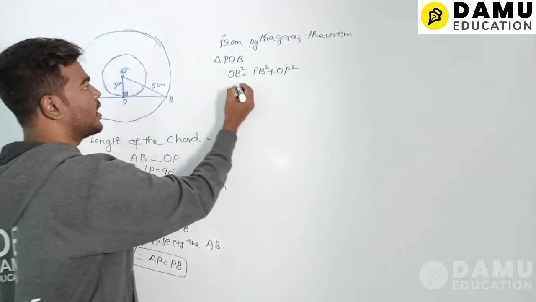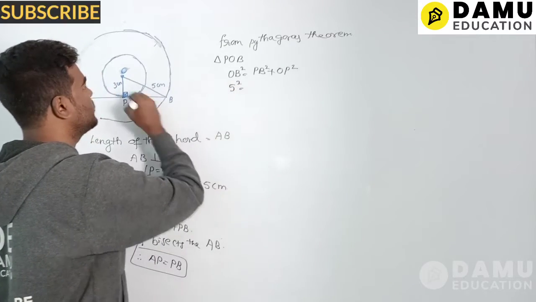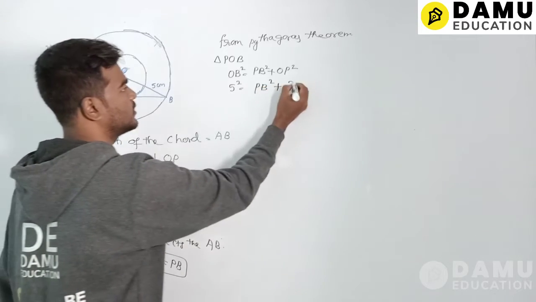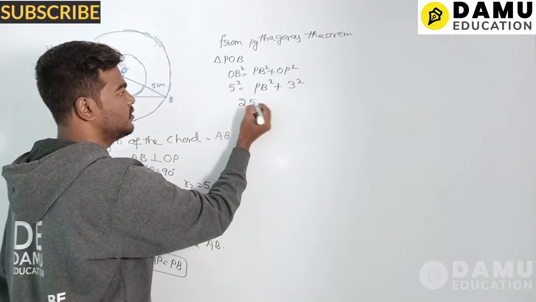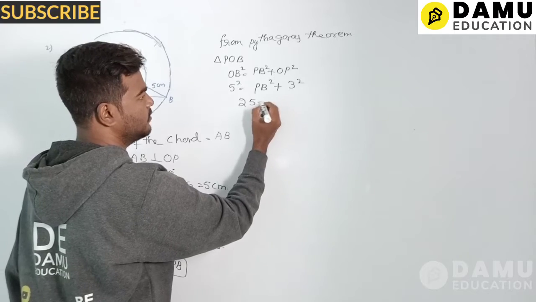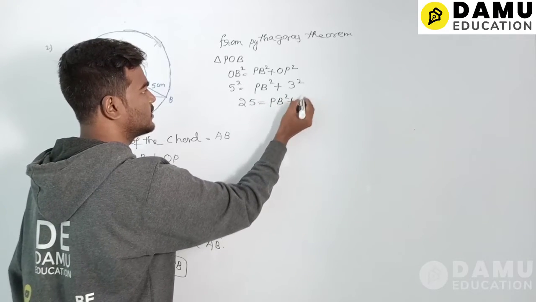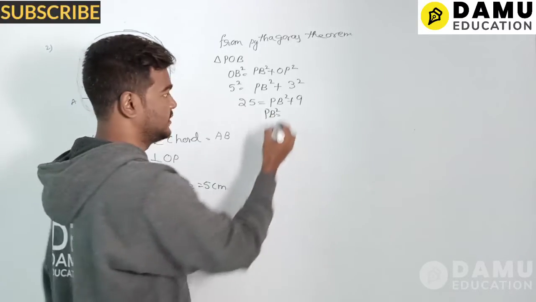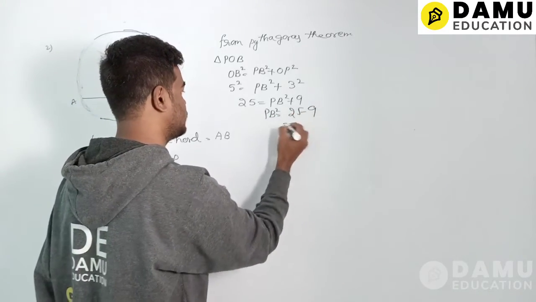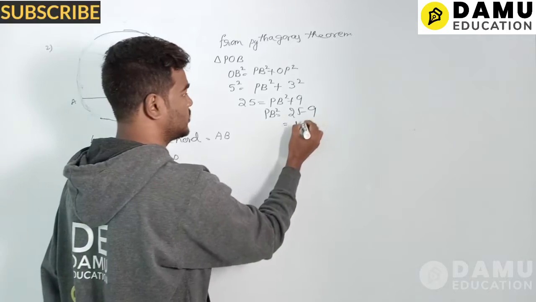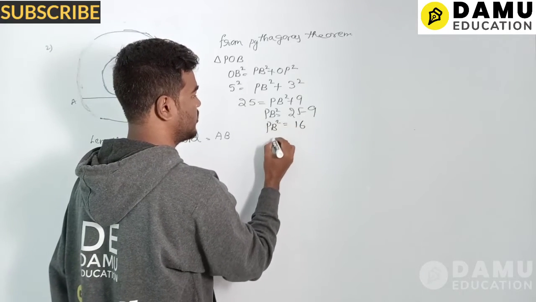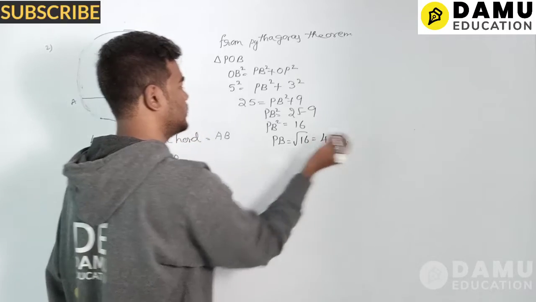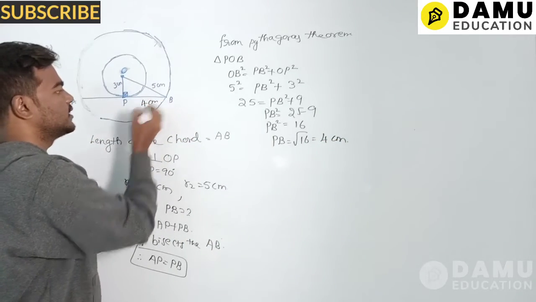OB square is 5 square and OP square is 3 square. So 25 is equal to PB square plus 9. So PB square is equal to 25 minus 9, which is 16. Then PB is equal to the square root of 16, and we get 4 cm. So PB is 4 cm.